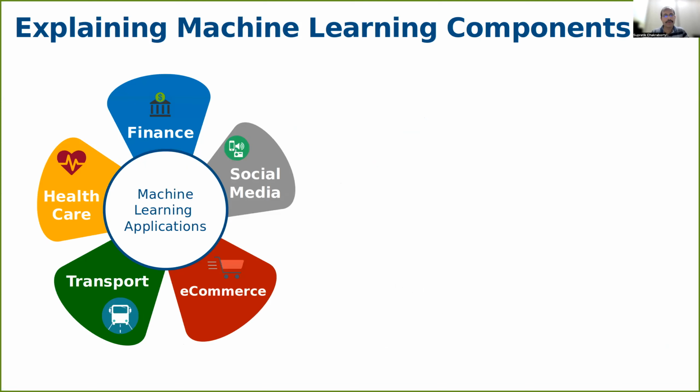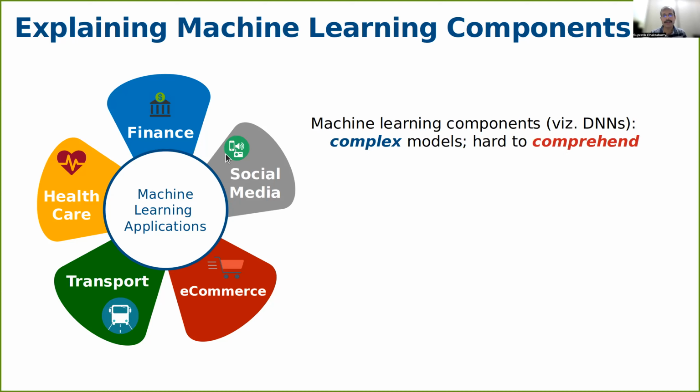Okay, so some introductory slides. I guess all of us are quite familiar with this, that machine learning applications are all over the place. And it's becoming important that we be able to provide some kind of explanation about what these machine learning components are doing in these various applications.